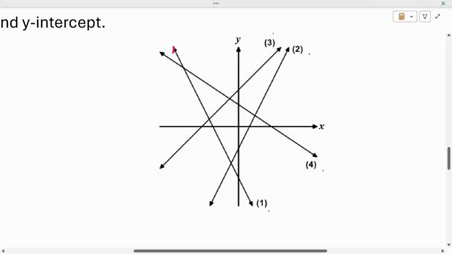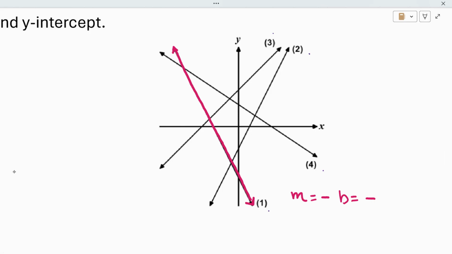So the first line that I'm going to focus on is line 1. I want you to tell me 2 things you know about this line in terms of its slope and its y-intercept. Negative, negative. That's it. Your slope and your y-intercept are negative.